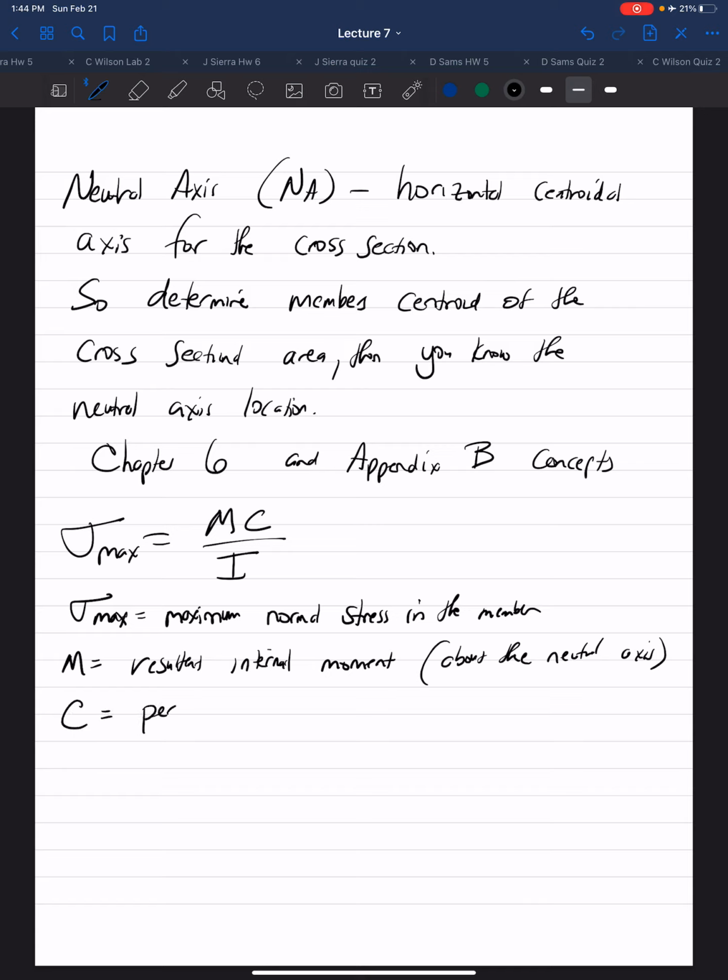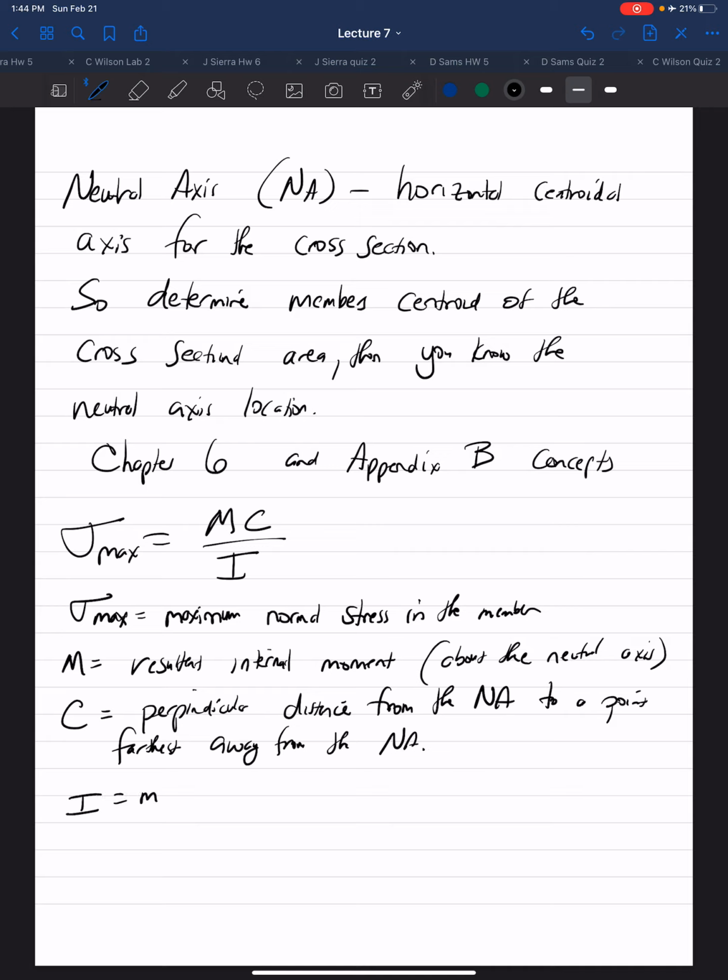C is the perpendicular distance from the neutral axis to a point farthest away from the neutral axis. And I is the moment of inertia of the cross-sectional area about the neutral axis.